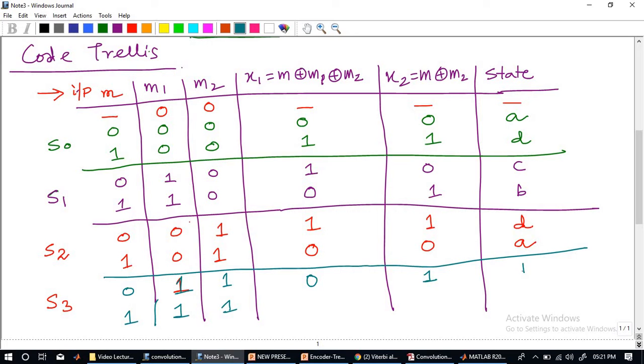B. 1 plus 1 plus 1. 1. 1 plus 1. 0. What will be the corresponding output? C. So you can see we have formed all the possible combinations that are present with respect to this table.